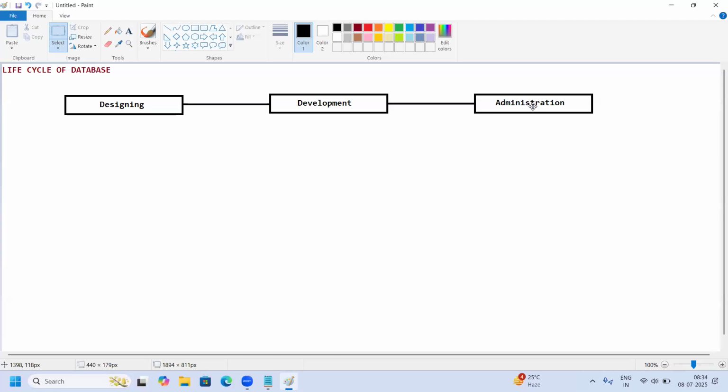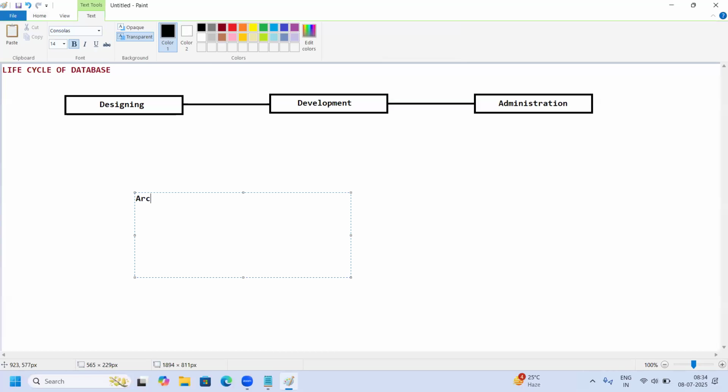What are the profiles of these 3? Designing is related with architect.